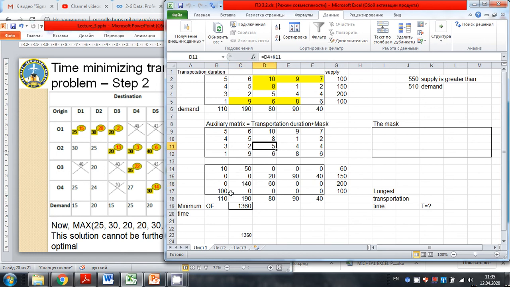So we can apply the mask. This mask will just put some numbers, like ridiculously high long transportation times, like 100. So we need to cross out these 10, 9, and 7. So we cross them out just by printing these ridiculously high numbers, long transportation times, 100 and 100.